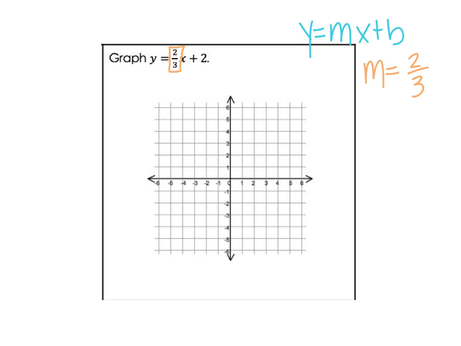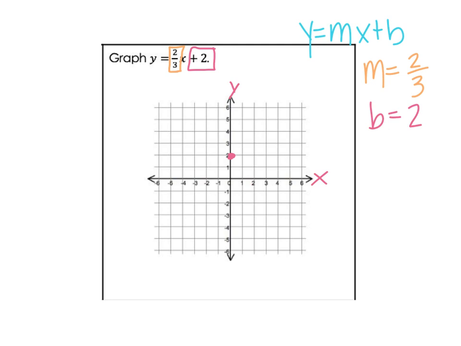Our b is 2, so our y-intercept is 2. We're going to begin with b, so plot your y-intercept. It's on 2. This is our y-axis, this is our x, so we're plotting our point at 2.